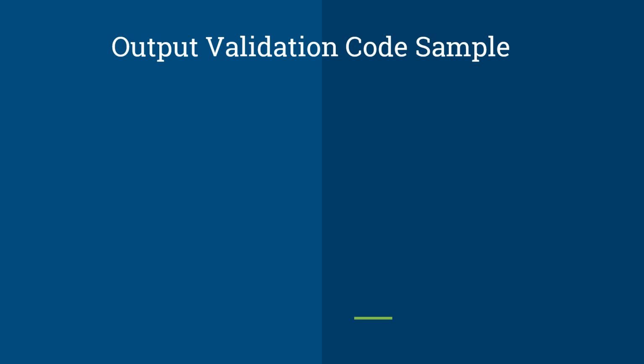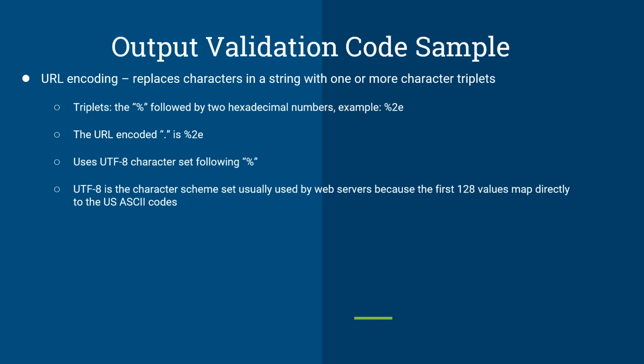Now let's talk about output encoding. As I mentioned, output encoding helps to neutralize characters, particularly in the HTTP response that we send back to the browser. URL encoding in particular is the general standard used by web servers for displaying and receiving characters, which is why you see a lot of attacks done with URL encoding for the input, if you have noticed.